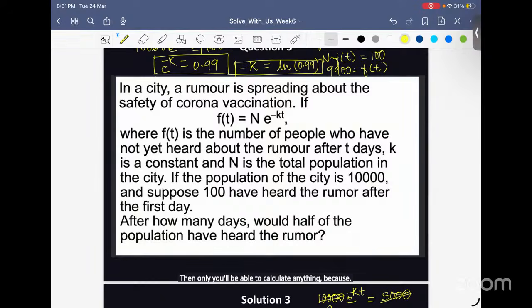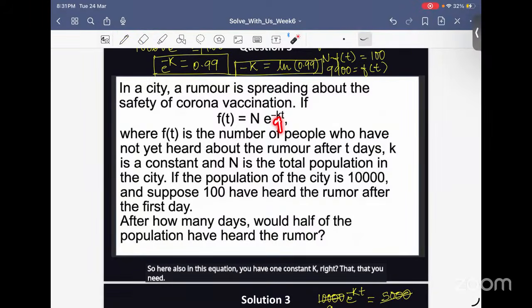Because for any equation, for example, if the equation has been given as ax square, you need a value to calculate anything else. So here also in this equation you have one constant k that you need. To calculate the value of k, there is one thing given in the question. The population of the city is 10,000, that is, capital N is 10,000, and suppose 100 have heard the rumor after the first day.